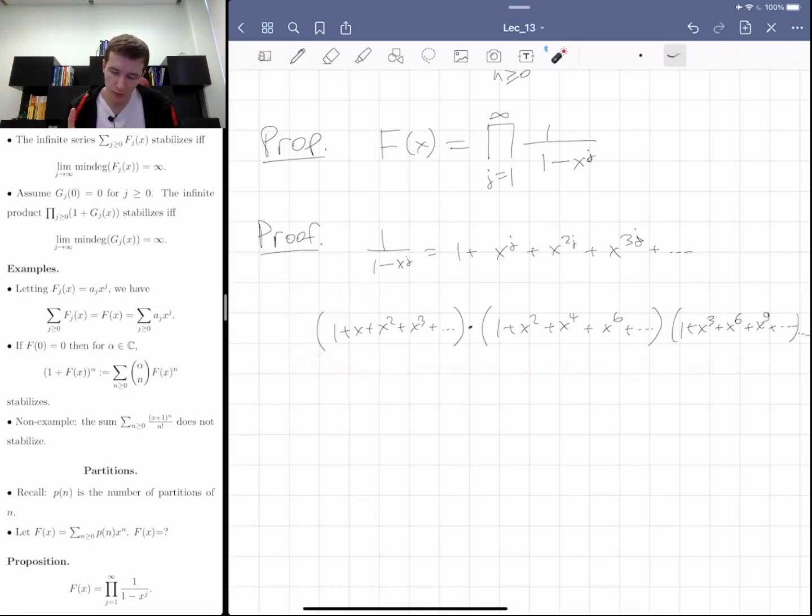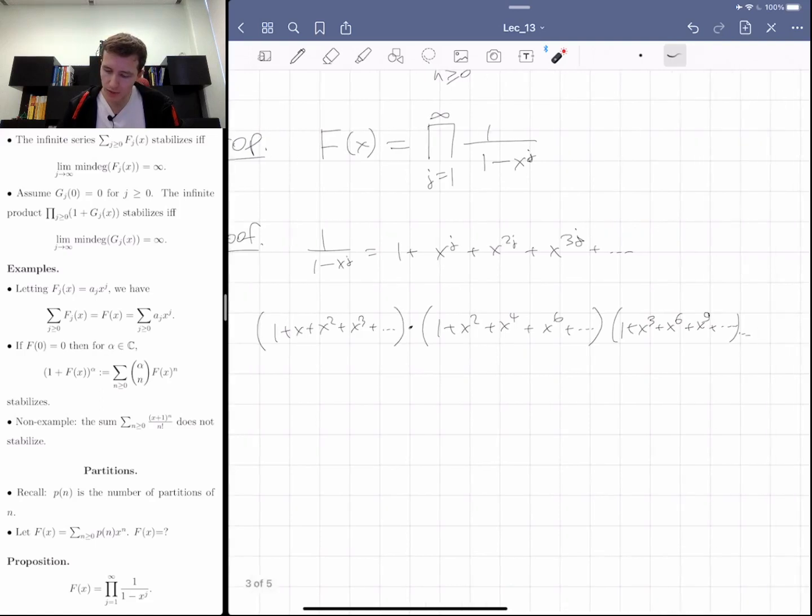But if I'm only interested in the coefficient of x to the 5th, then after some point, I'm going to have 1 plus x to the 100 plus etc. And x to the 100 is not going to contribute to the coefficient of x to the 5th.